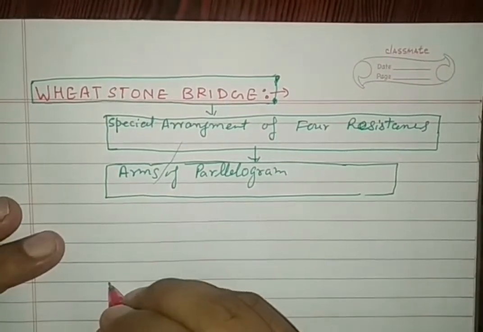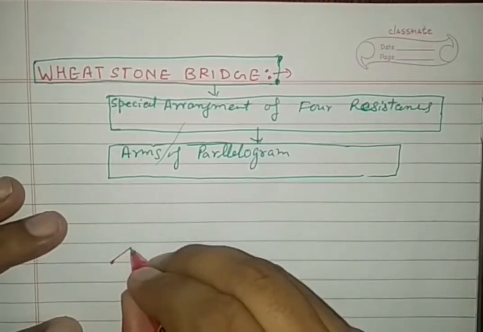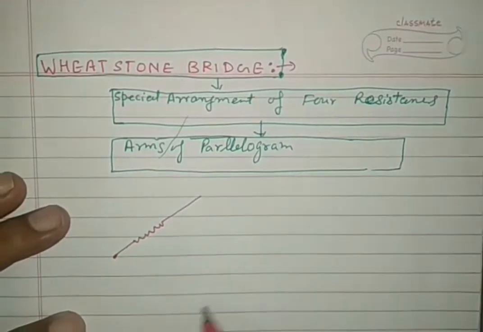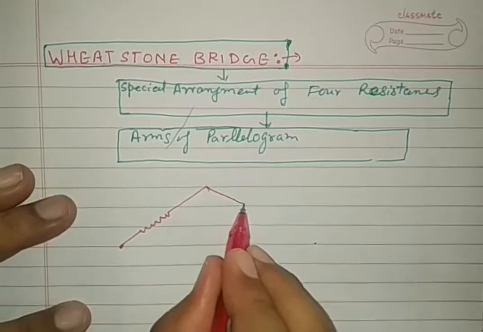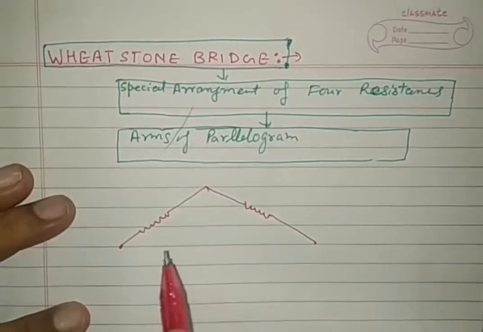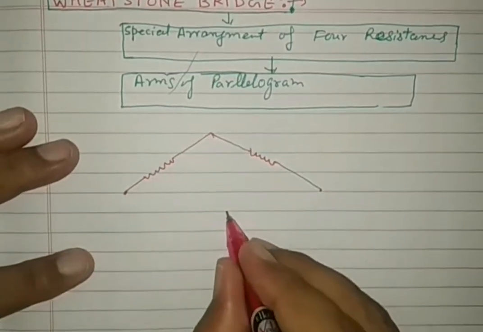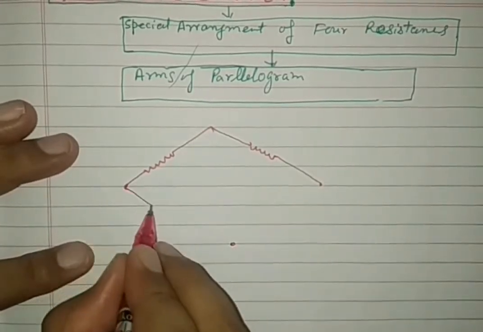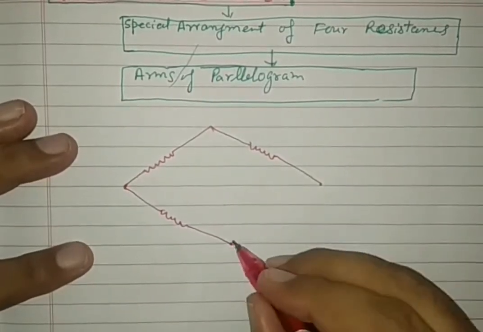So see here, in this case, here is one resistance, second resistance, third resistance.